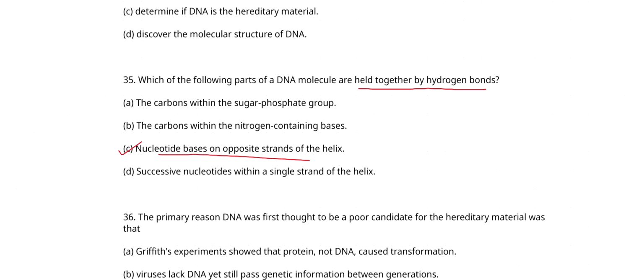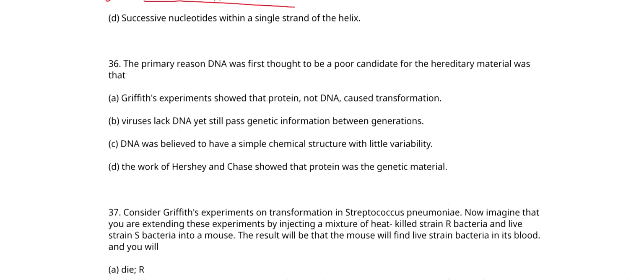Okay. Next question, that is 36. The primary reason DNA was first thought to be a poor candidate for the hereditary material was that: A. Griffith's experiment showed that protein, not DNA, caused transformation; B. Viruses lack DNA yet still pass genetic information between generations; C. DNA was believed to have a simple chemical structure with little variability; D. The work of Hershey and Chase showed that protein was the genetic material.